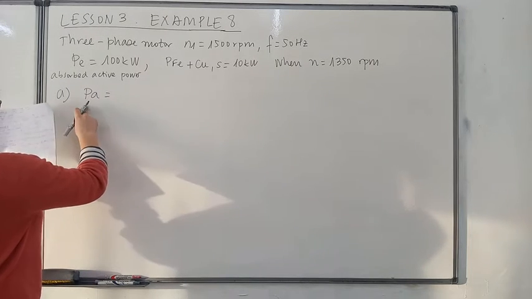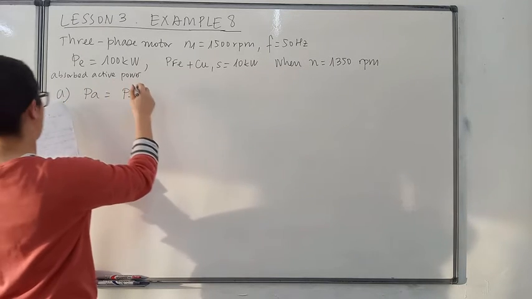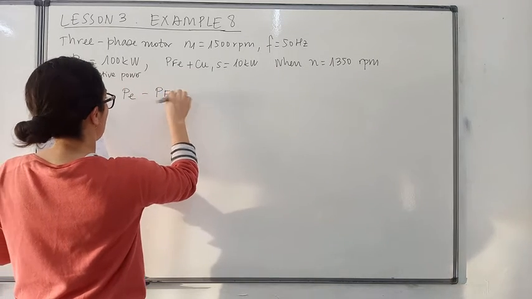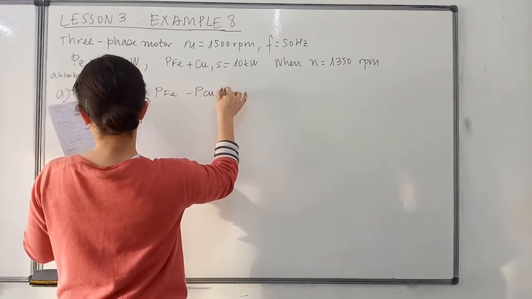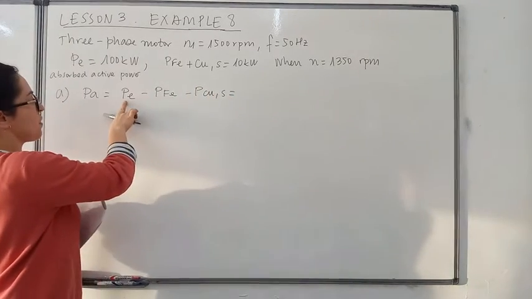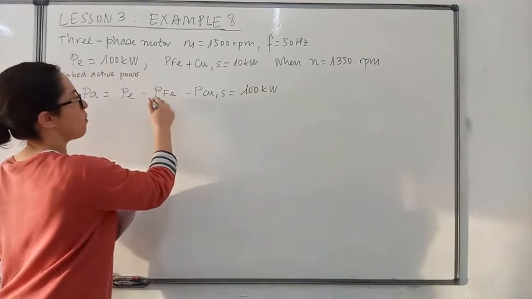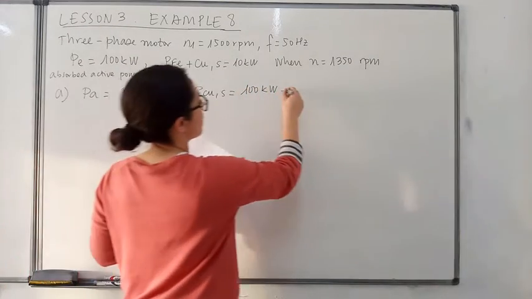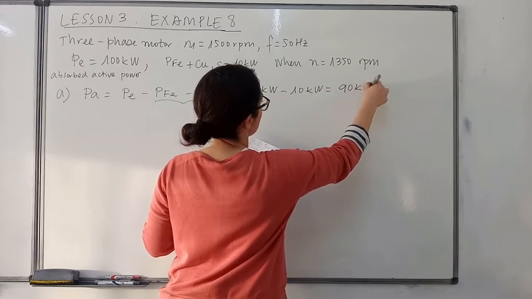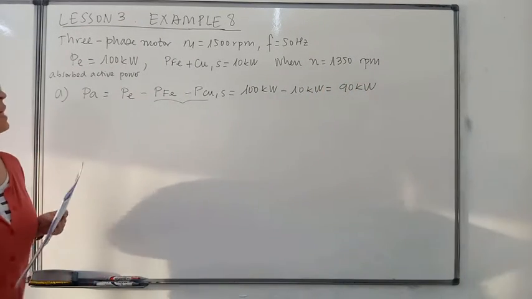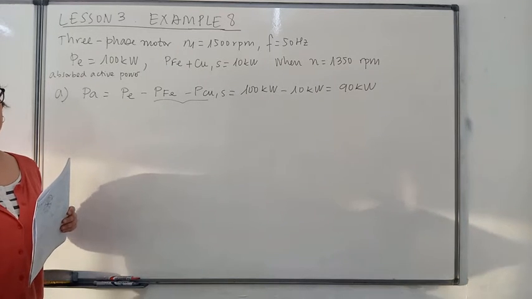The active power is going to be the absorbed active power minus the iron losses and the thermal copper losses. So that is 100 kilowatts. And here the sum of these two losses is 10 kilowatts. So the result is 90 kilowatts. That is the active power coupled from the stator to the rotor.